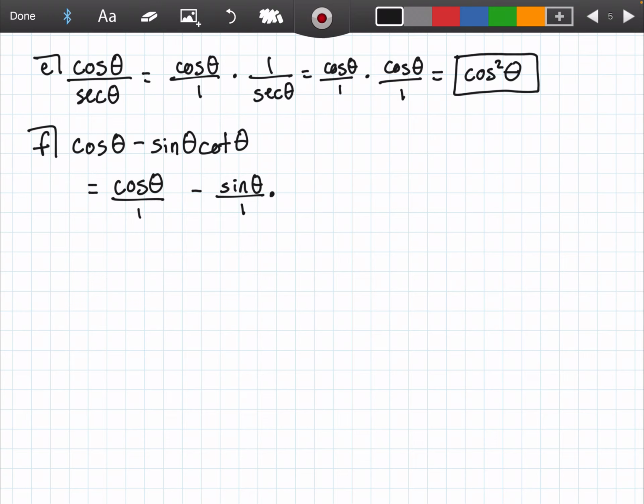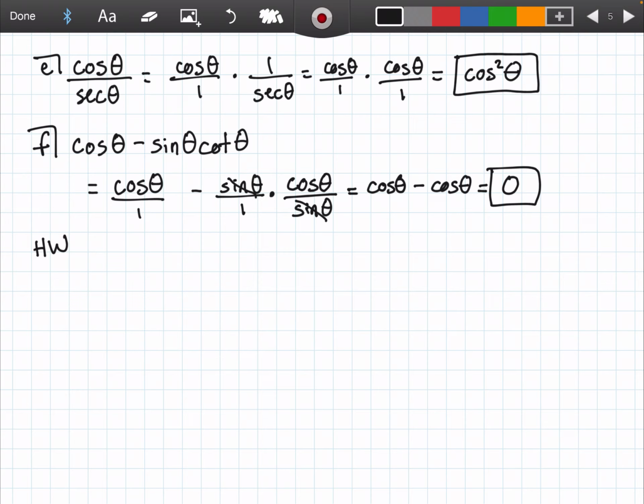Cotangent is the reciprocal of tangent. I know tangent is sine over cosine, so that means cotangent is cosine over sine. These sines are going to cancel. So I get cosine theta minus cosine theta. Hey, what's anything minus itself? 0. Great.